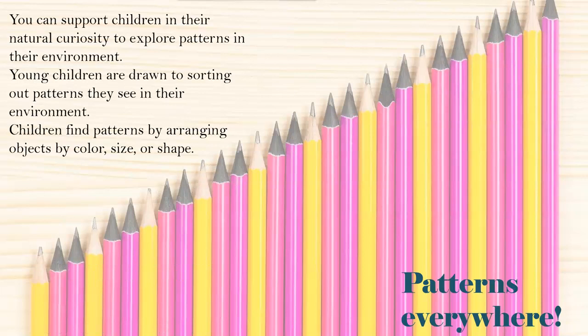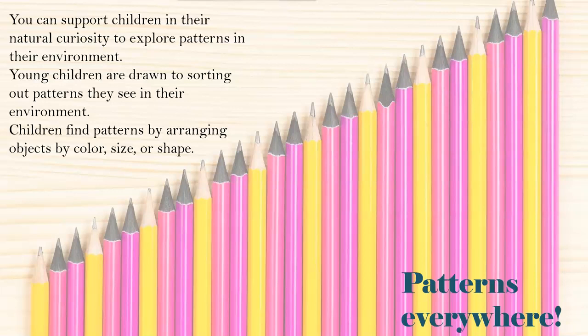So patterns everywhere. All right. How can we support children in their use of finding and identifying and making patterns everywhere? Support children in their natural curiosity to explore patterns throughout their environment, because it is a natural instinct for them to find these patterns out and then to recreate them with almost any object they see.